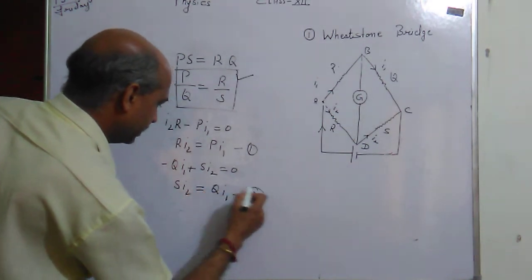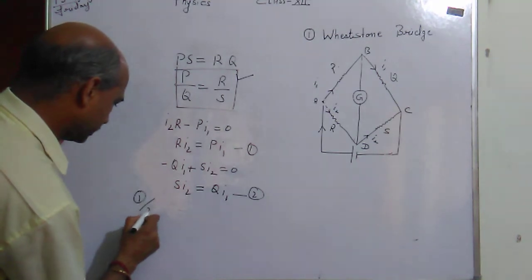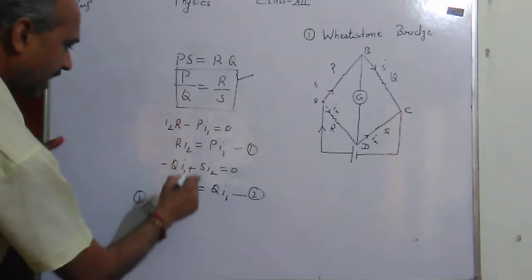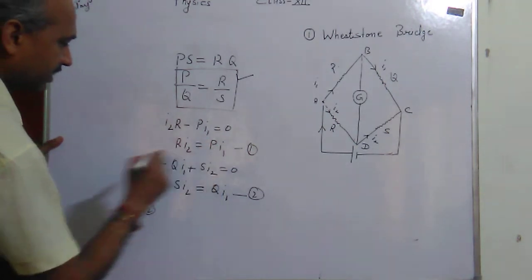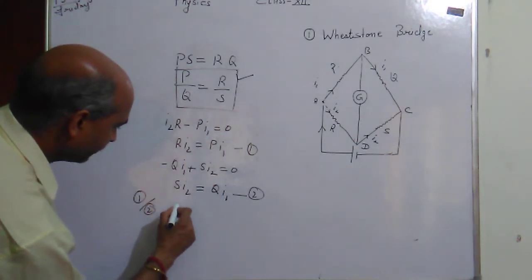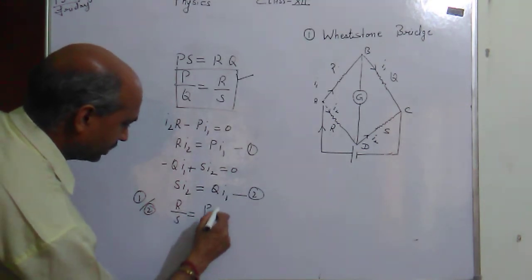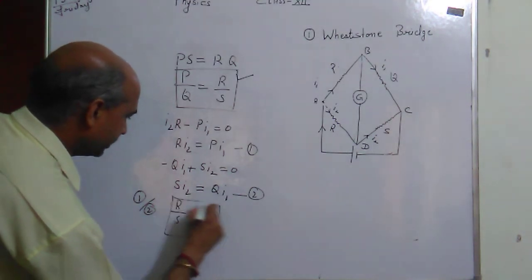Suppose this is the second; dividing first by second, I2 cancels, I1 cancels, and we are left with R upon S equals P upon Q. So this is the principle of the Wheatstone bridge.